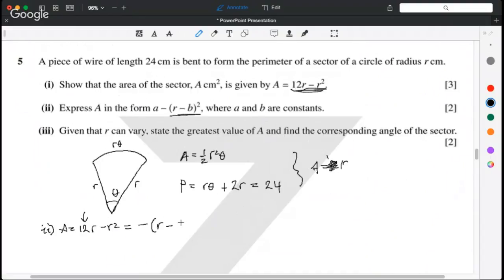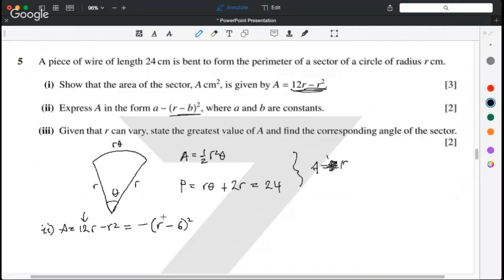So if you see what I mean, r minus 6 all squared, if I square this, I will get a minus r squared, and this will give me minus 2 copies of 6r, which is 12r, and then the minus becomes a plus. But I'll also get a constant term, just a single number term, and that doesn't belong there.